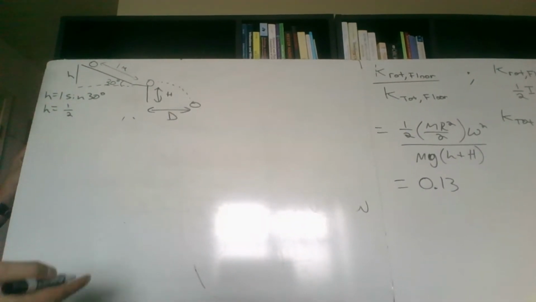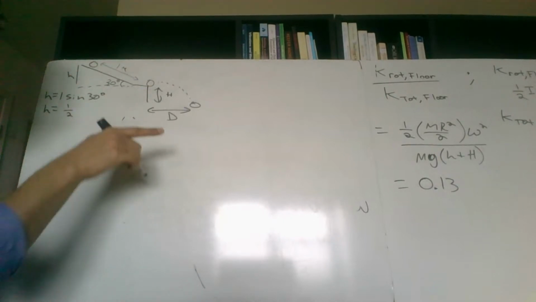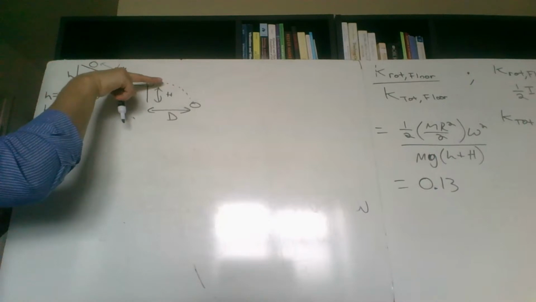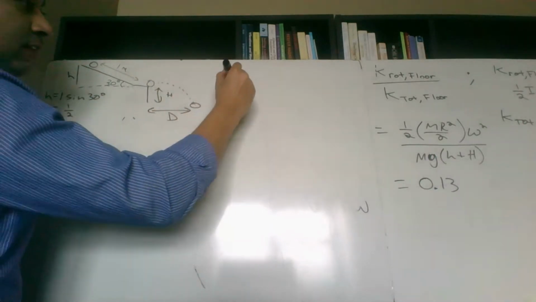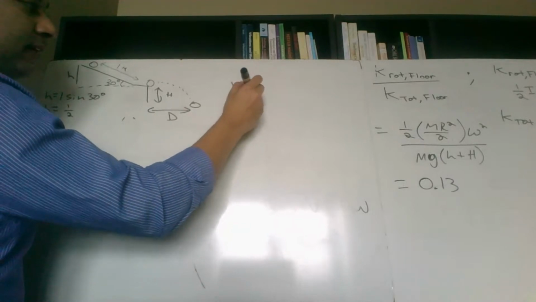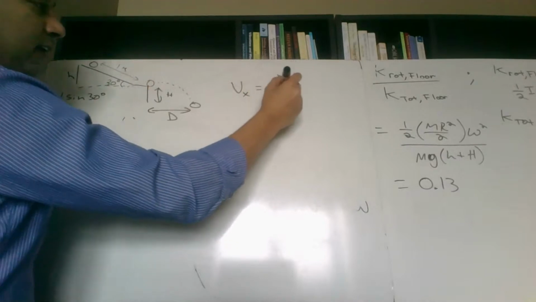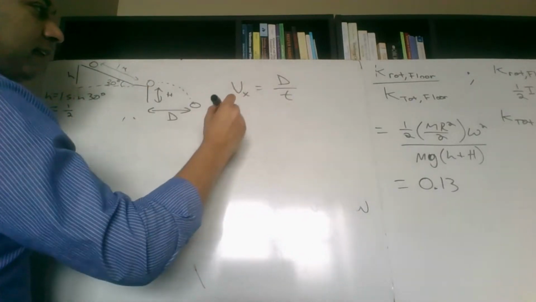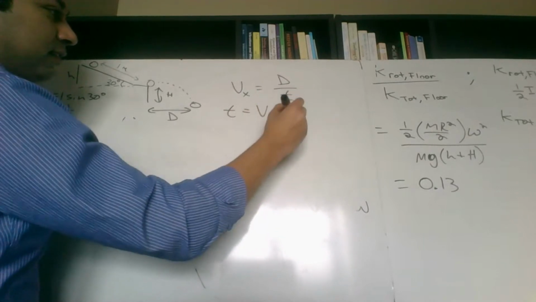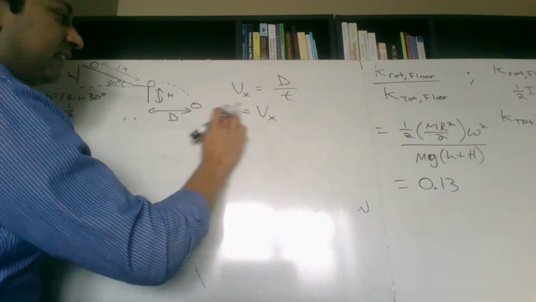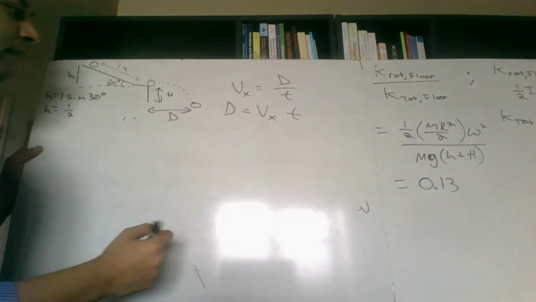And so we need to know, this is just projectile motion. We just need to know what the x velocity is at this point right here. And then we can use the equation v_x is equal to the distance that it's going to go divided by the time. So the distance that it's going to go is going to equal v_x times time.